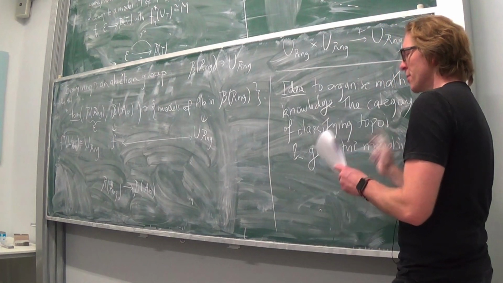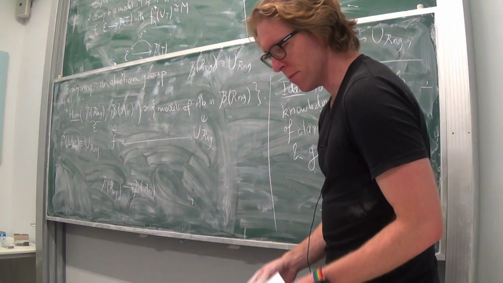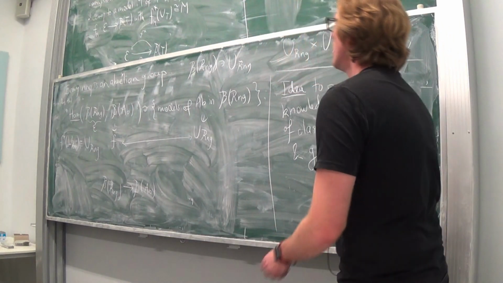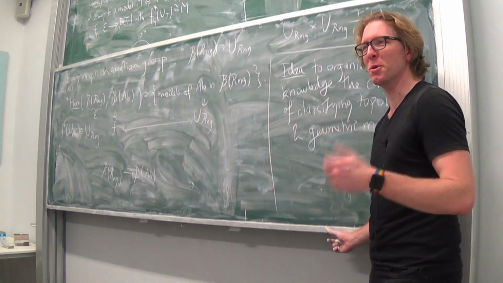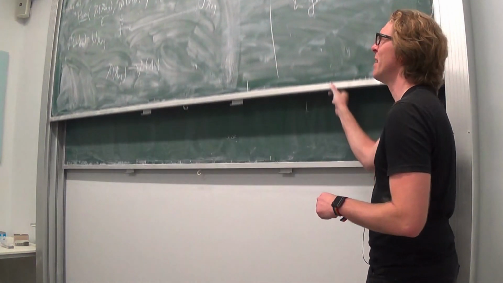So that's the abstract setting in which we want to pursue these ideas. I should say, of course, this is not our idea, right? This is what topos theory is about for many people.